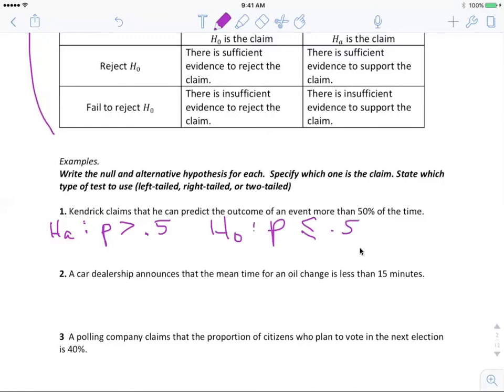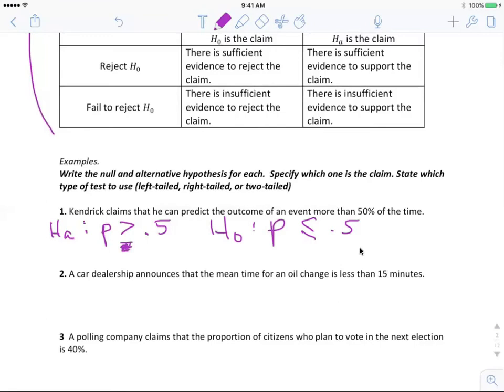When I decide what type of test this is, I always look at the HA symbol. Because that's a greater than, I didn't want to underline it.